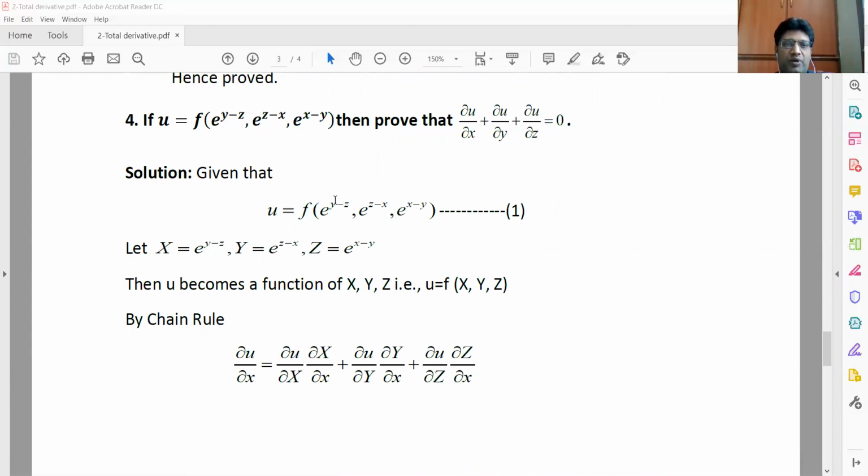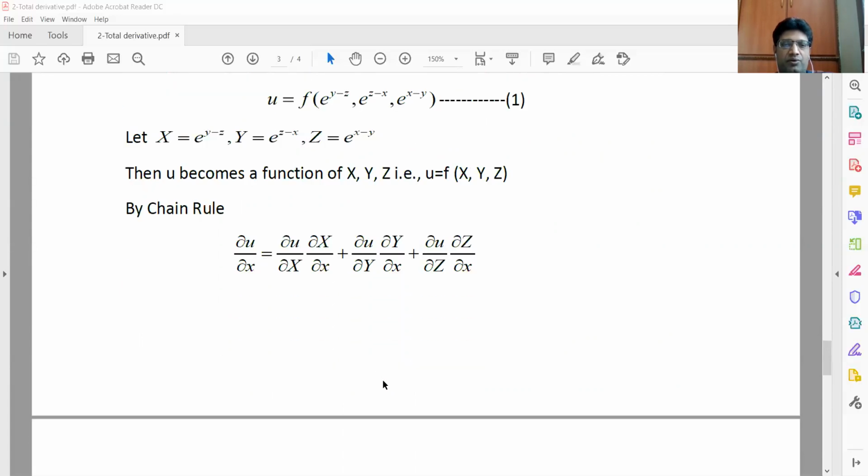What I am taking is y−z as capital X, z−x as capital Y, x−y as capital Z. Then u becomes a function of capital X, Y, Z. So by chain rule, if I substitute all this, this becomes a function of small x, y, z. Therefore, ∂u/∂x is ∂u/∂X into ∂X/∂x. So using the chain rule.